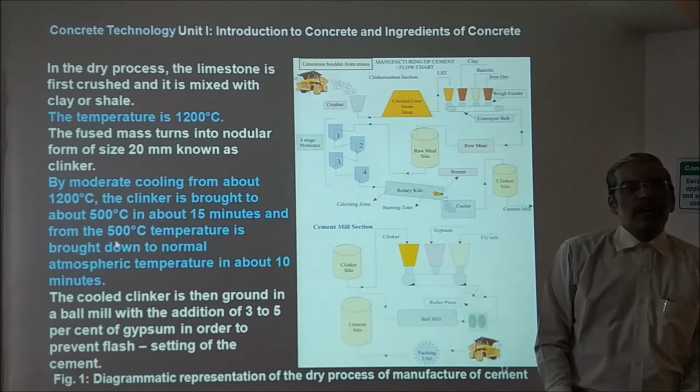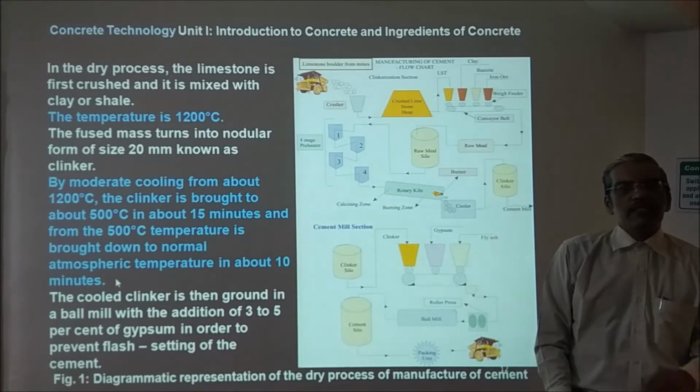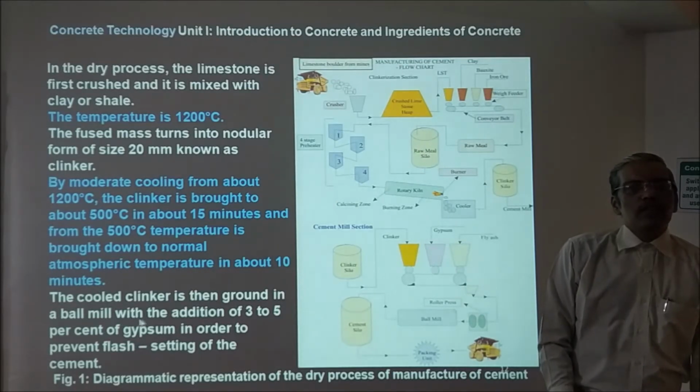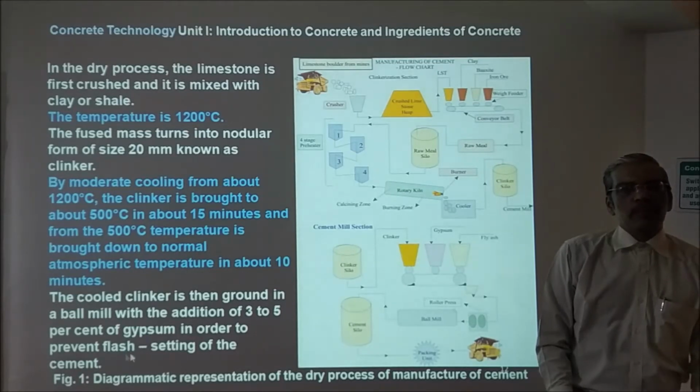And from 500 degrees Celsius, the temperature is brought down to normal atmospheric temperature in about 10 minutes. So like this the temperature is varied. The cooled clinker is then ground in a ball mill with the addition of 3 to 5% of gypsum in order to prevent the flash setting of the cement.